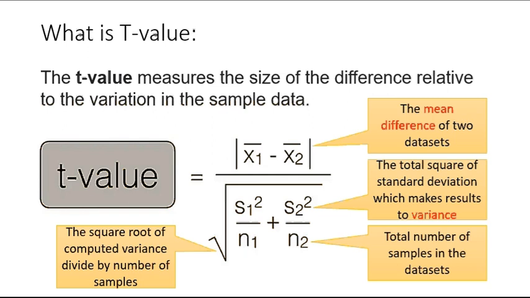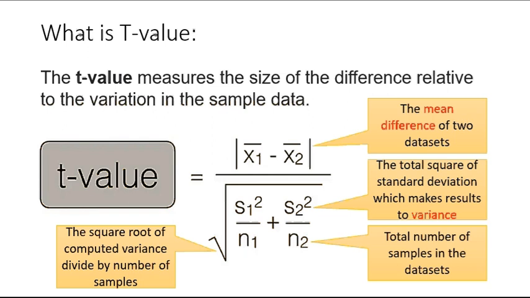Before we perform the t-test, let us first determine the formula for the t-value. The t-value measures the size of the difference relative to the variation in the sample data.